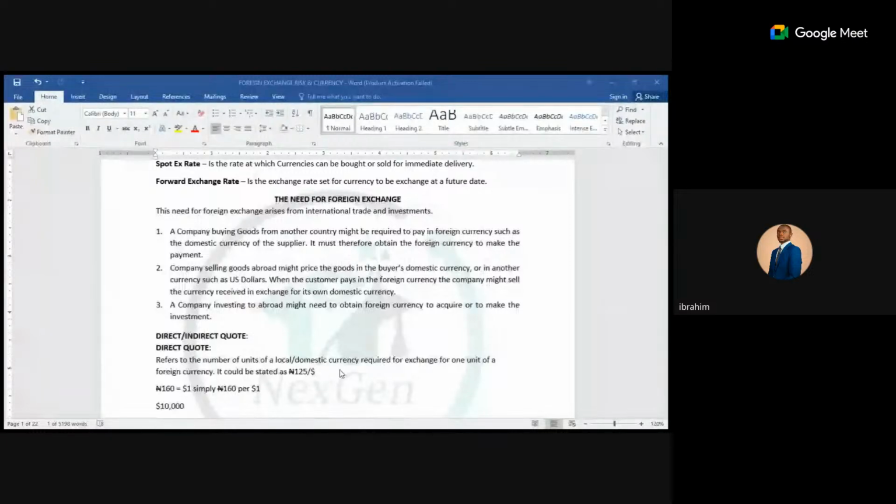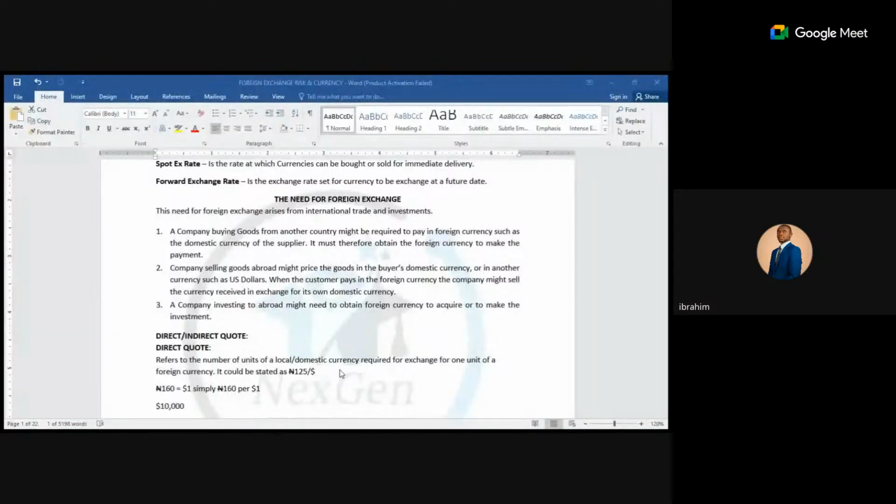What does that mean? When you are doing your translation, with a subsidiary company in Ghana, and you are now translating it to the functional currency of a parent in Nigeria, you have to convert the Ghana cedis to Naira. Is that not so? And what are you going to use for your conversion? We should not forget there are different conversion rates. There is average, there is closing rate.